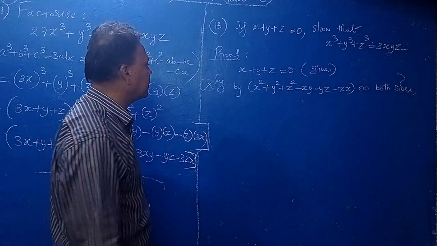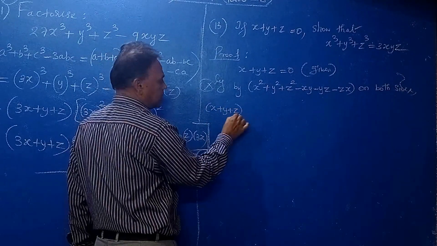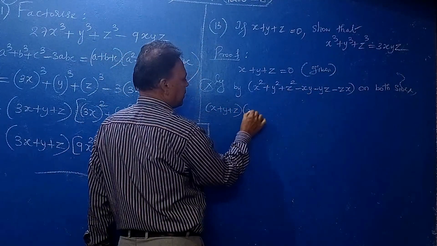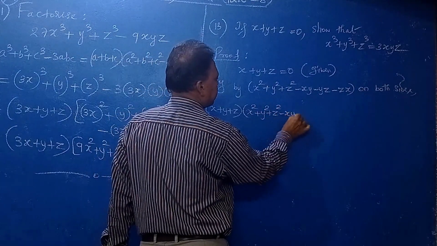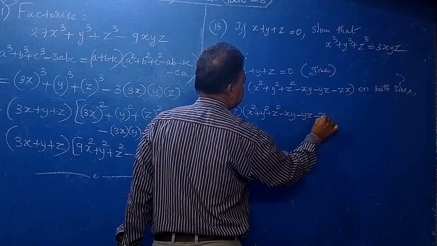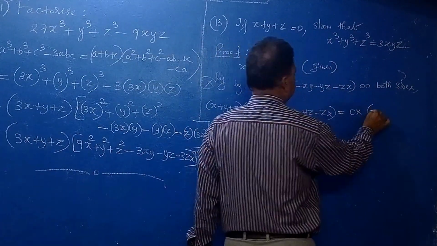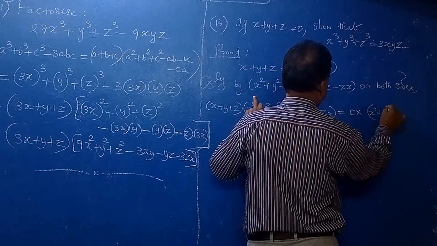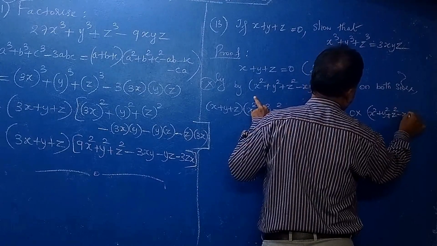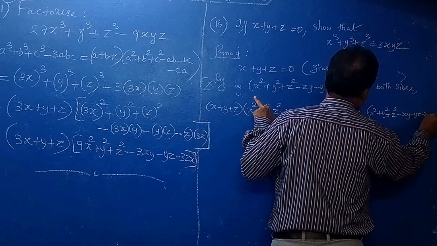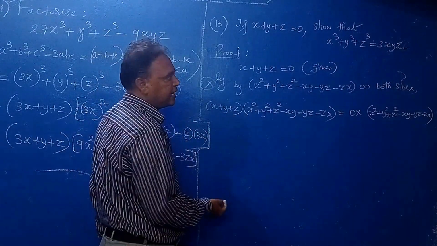So what will happen here? I am multiplying: x plus y plus z into this factor fully on the left, equal to 0 into this factor fully multiplied, both sides. These two multiplied, what do you get?